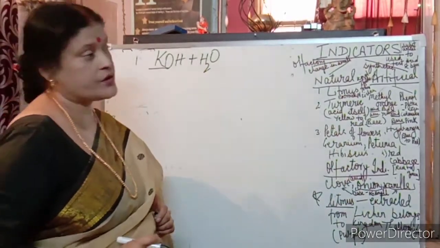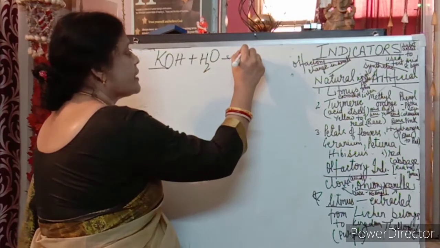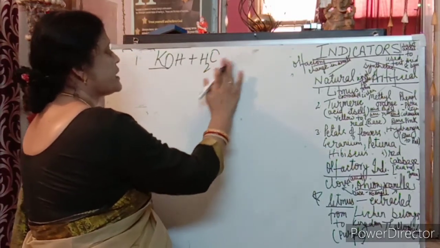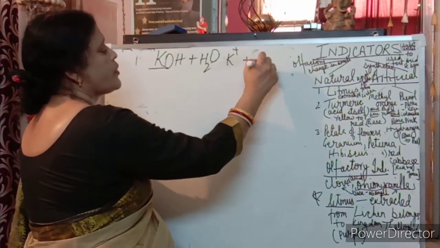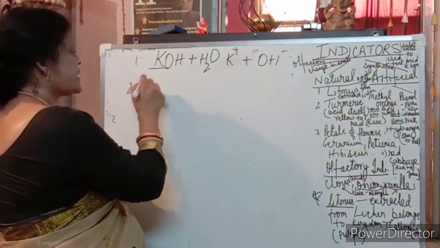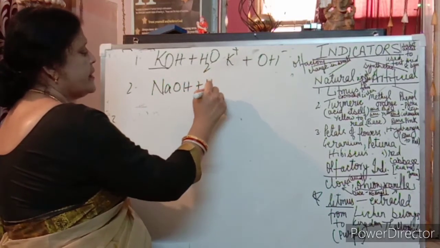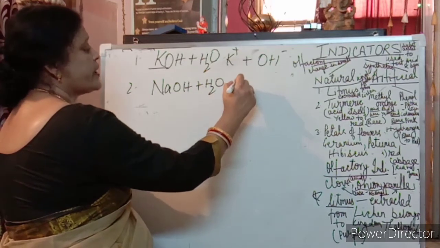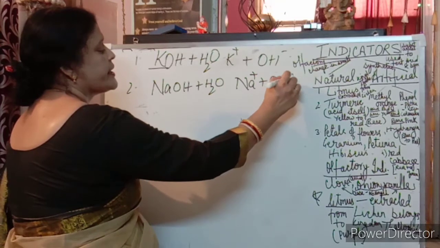When we dissolve it in water, it will release K positive plus OH negative ions. Clear? Next, if I say NaOH plus water solution, it will release Na positive plus OH negative.